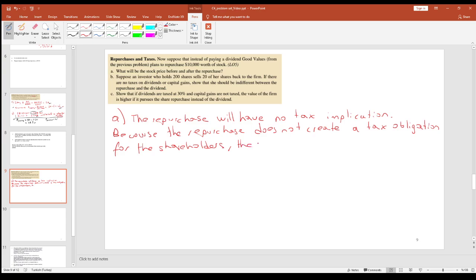The value of the firm today is the value of the firm's assets.